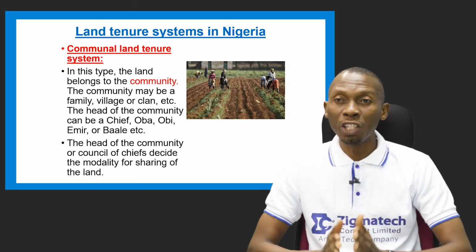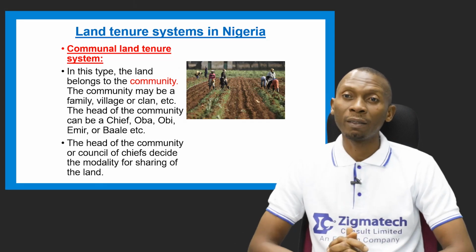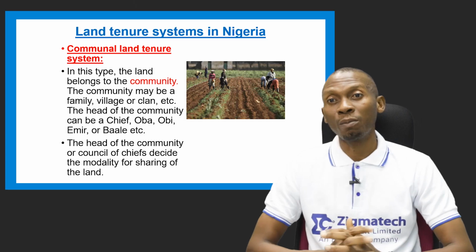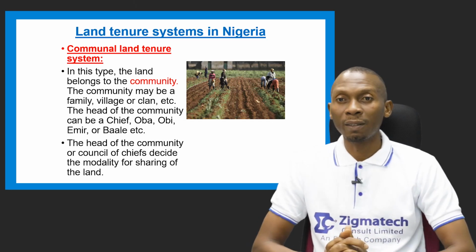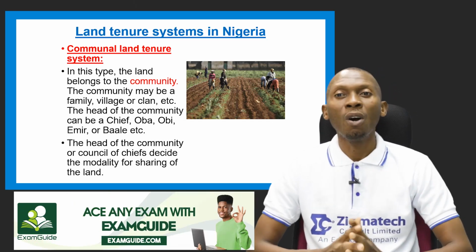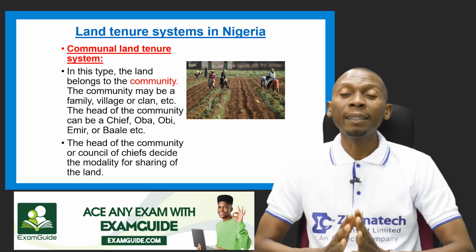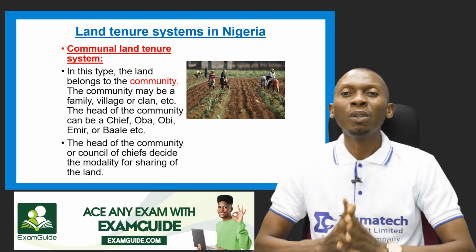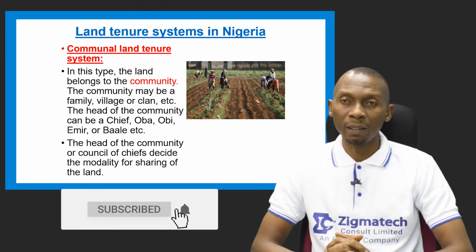And this could be a chief, could be an oba, could be an obi. That's for the eastern side. The oba should be for the western side too. Then the emir, which is for the northern side, northern region, or Bali. So these are examples of some of the heads of the communities. And these community heads are the ones that decide the modality for sharing land under the communal land tenure system.